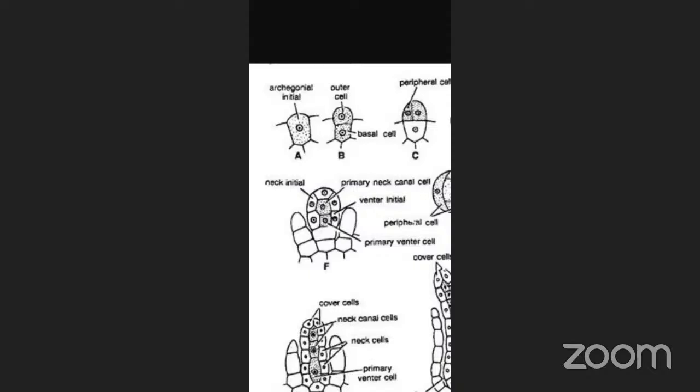The receptacle with the rays looks like an umbrella-like structure at maturity.